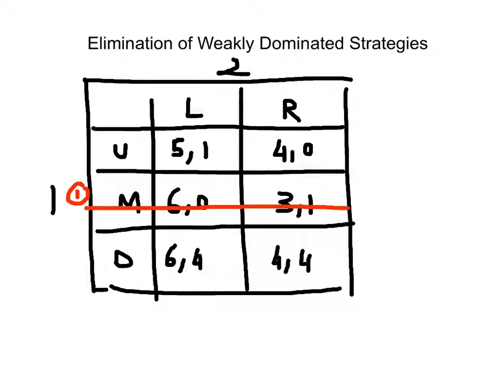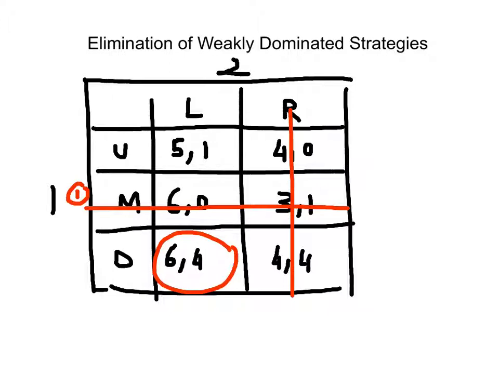So R is weakly dominated, and let's eliminate R. Now we can say that player 1 will play D because 6 is greater than 5. So the outcome of the game is for player 1 to play D and player 2 to play L.